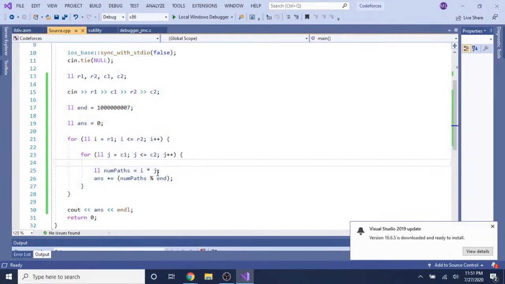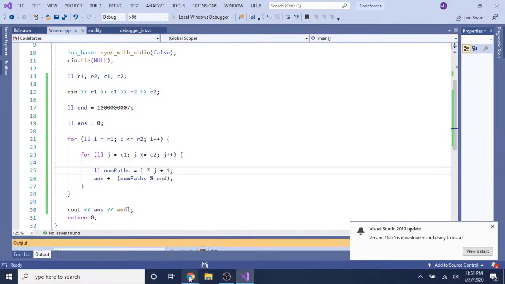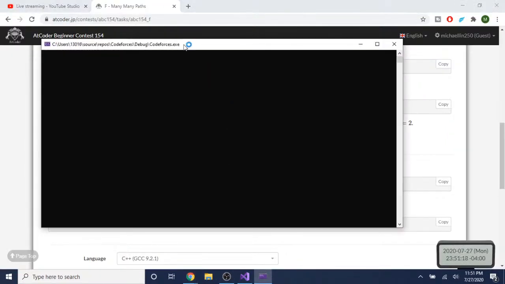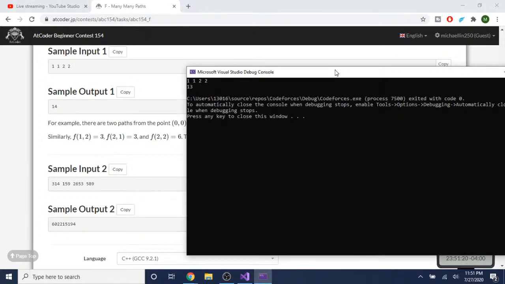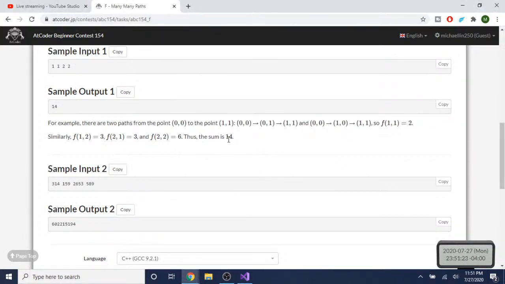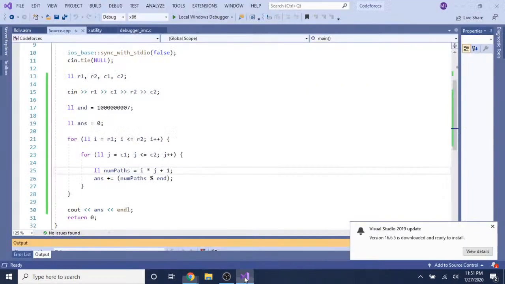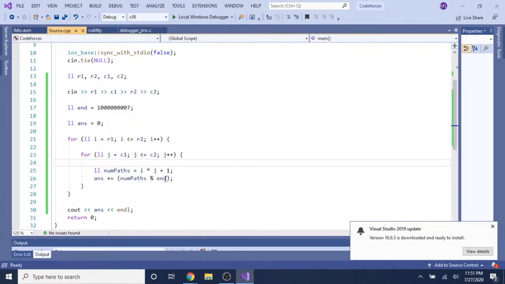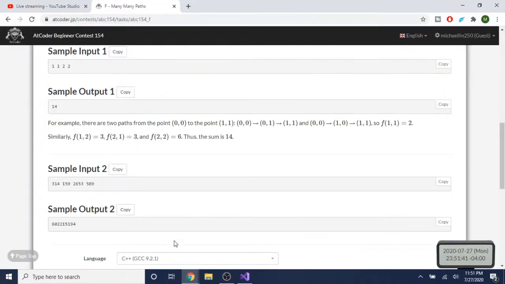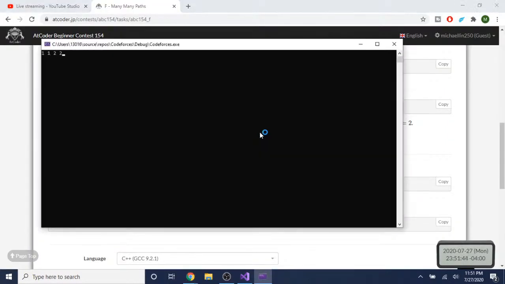Maybe we have to add 1 to it. I'm pretty sure that's how you count the number of paths, though. Oh, okay. So we got 13. We're close. So we got plus 1. Maybe we have to add 1 more to the final answer, plus 1, to get it to 14. So, okay, yeah, it's 14.